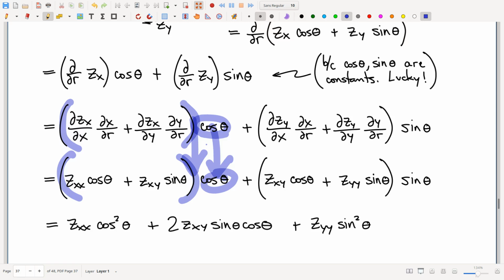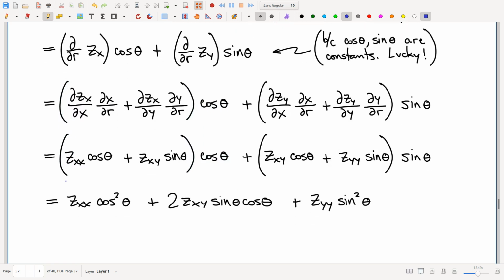Make it as visually apparent as possible, as you're writing stuff down, what came from what, and what part of the first equation turns into what part of the second equation. I think this is a pretty good example of that. It's not a mathematical point, but I think it's a really valuable strategic point on how to avoid making mistakes.